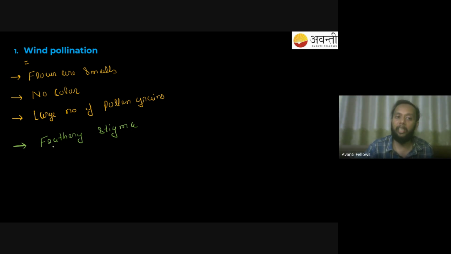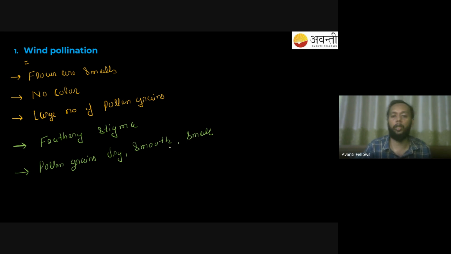So they will have a feathery stigma. That is something you will get to see. Then pollen grains are dry. Your pollen grains are going to be dry, smooth, and very small. So dry and smooth pollen grains are produced, which are going to be very small in size.